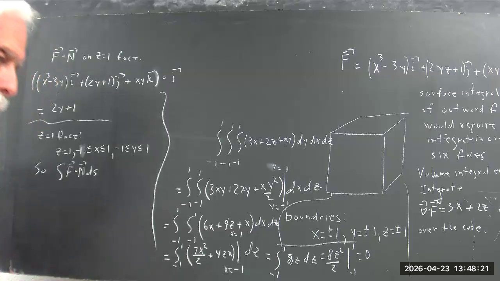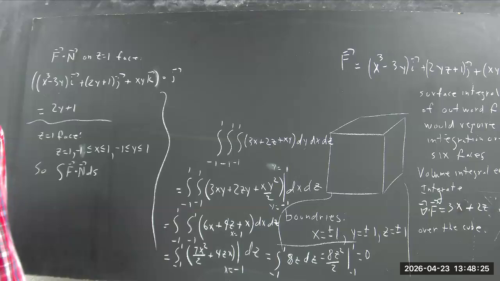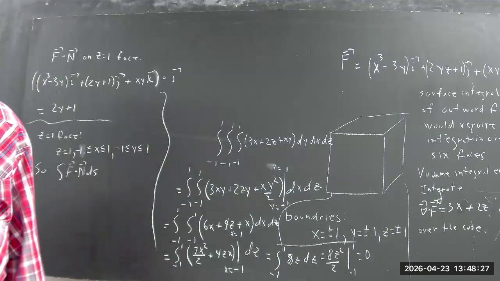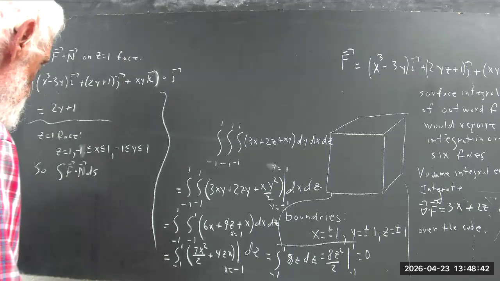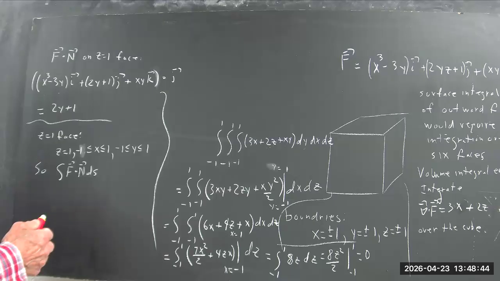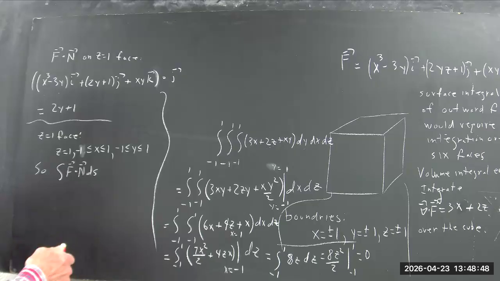You don't have to go to the trouble of doing r_u cross r_v or whatever. You know what the normal vector is, and it's a rectangular region in just x and y. So you don't have to go to any of the trouble we had to go to on the integration over the hemisphere.